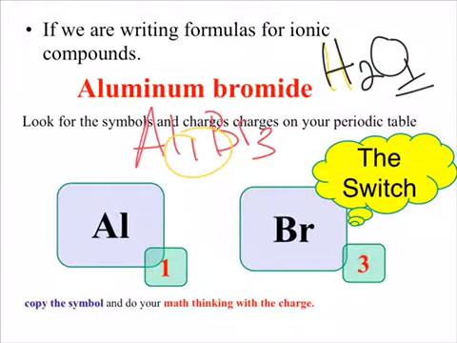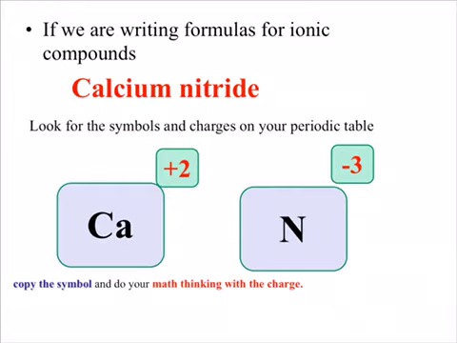Think about that. We never put a 1 in, so those are assumed. Here we have positive 2, negative 3. The numbers that are in your charges switch for your formula.